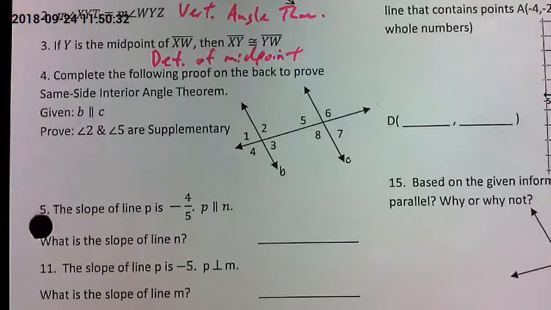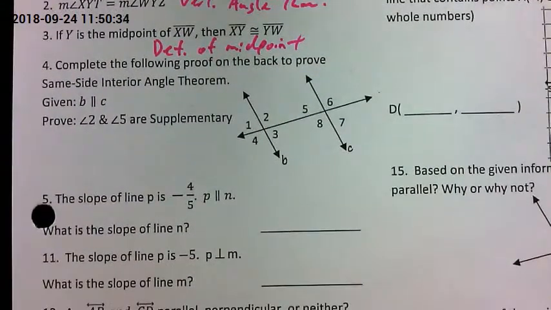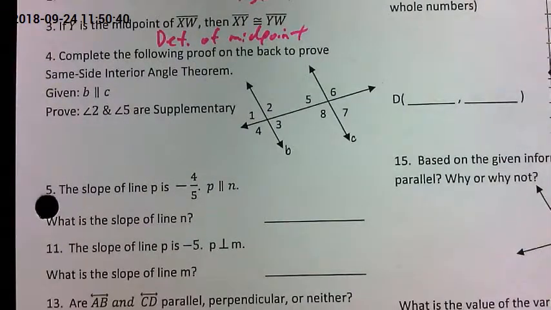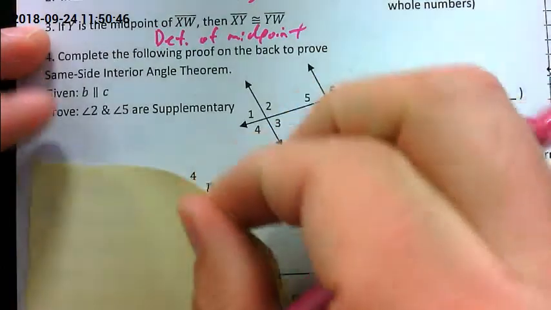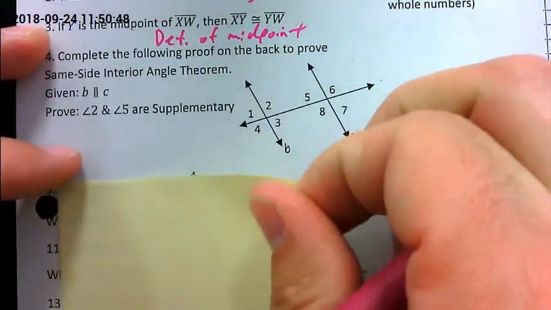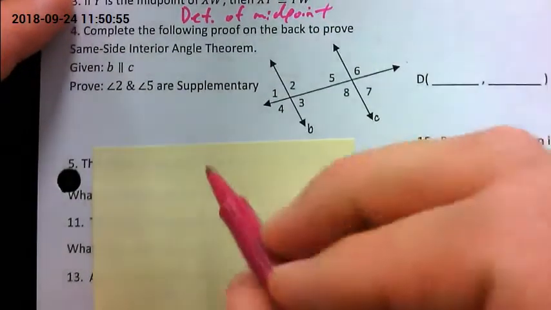Alright, going on to number 4. Complete the following proof on the back to prove the same side interior angle theorem. So now on number 4, I'm just going to do my own sticky note here.